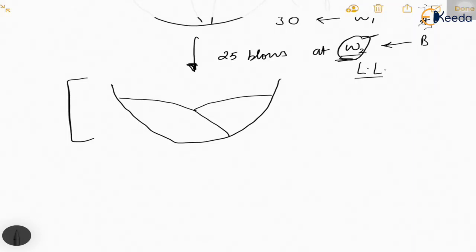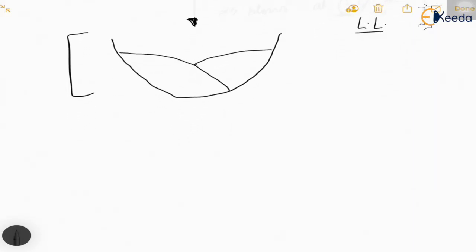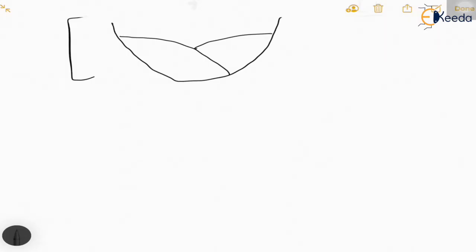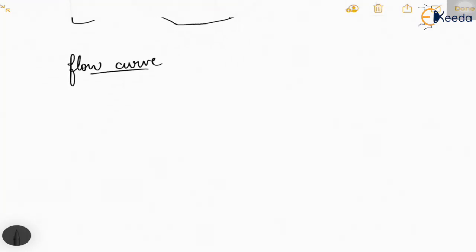Further, the results of the test are represented in the form of a curve. I will draw it just now, and it is known as the flow curve. So let us quickly draw it.